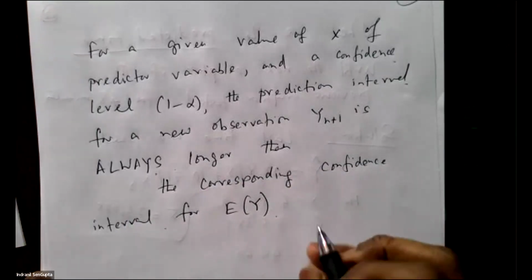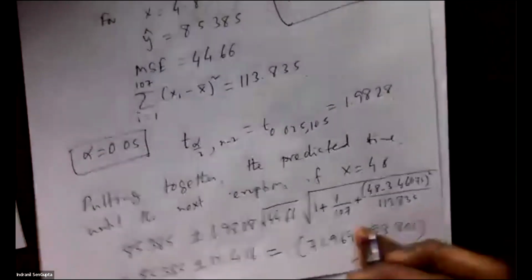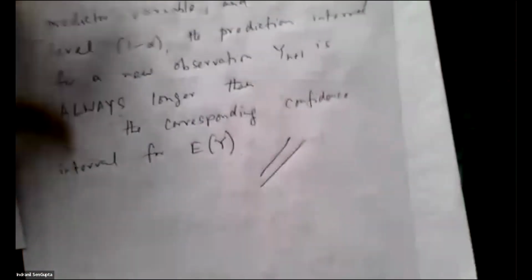Okay, so this is because of that extra one, that extra term. So we have this 1 plus something, because otherwise it's a confidence interval. Okay, so that's because of that.